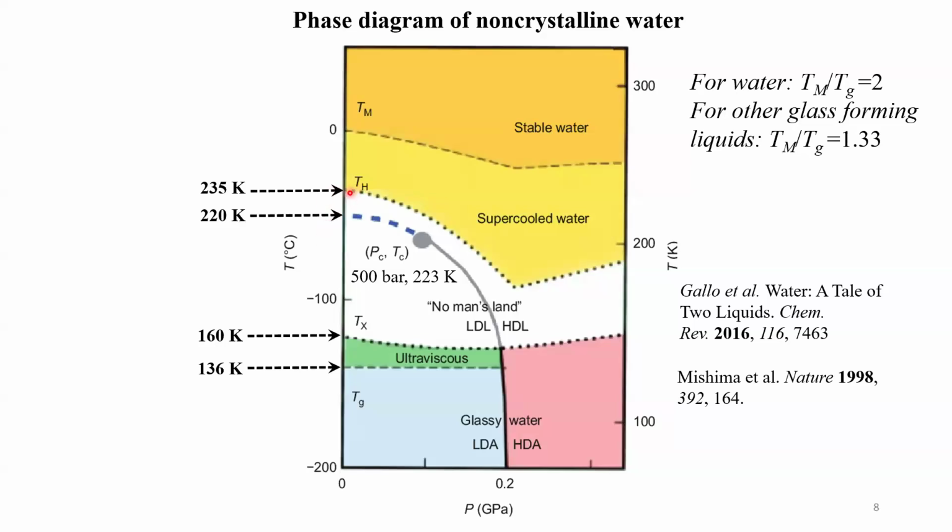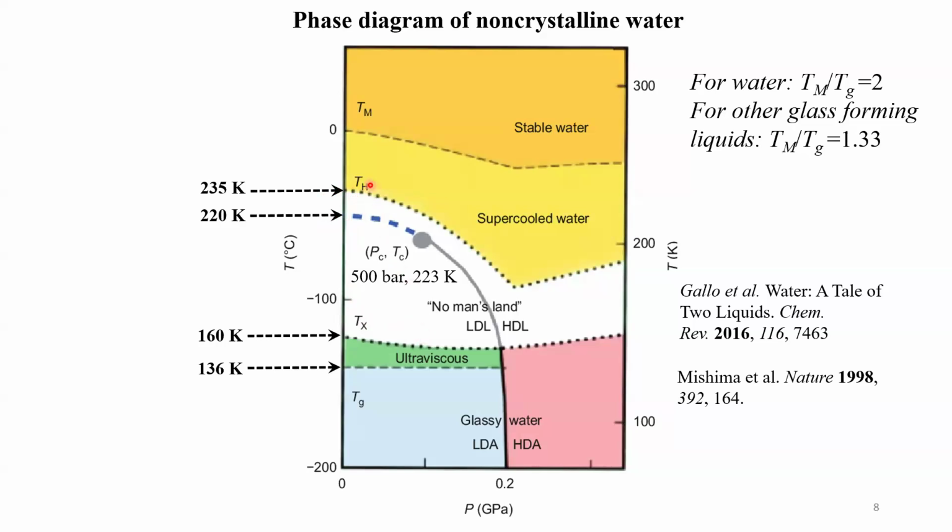Now you decrease further. It is not possible to keep water liquid, and it will instantly freeze. If you remember the free energy diagram I showed in the second slide, that minimum goes up so much that there is absolutely no minimum. So it will spontaneously go to the ice state.